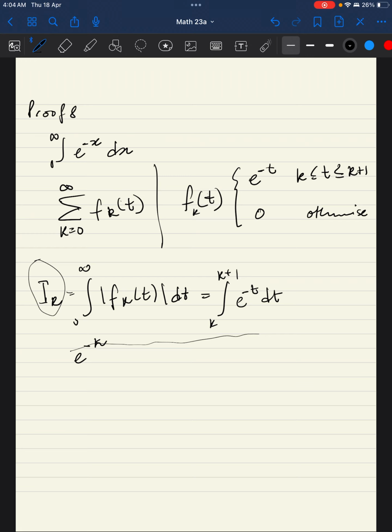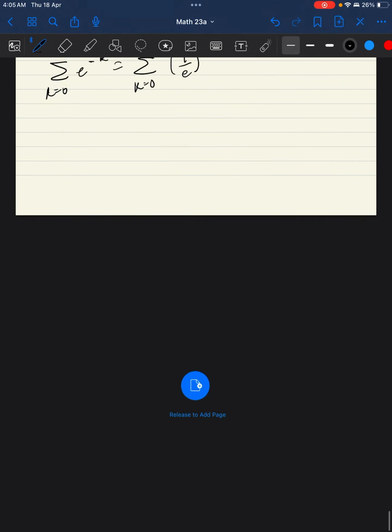So we can use the comparison test to determine that the sum from k equals 0 to infinity of e to the minus k, that is 1 by e to the k, in fact converges, because as you raise k, this gets tinier and tinier. So that means the Lebesgue integral indeed does exist. Now we have to calculate the stuff.